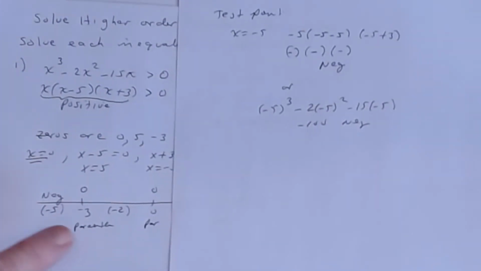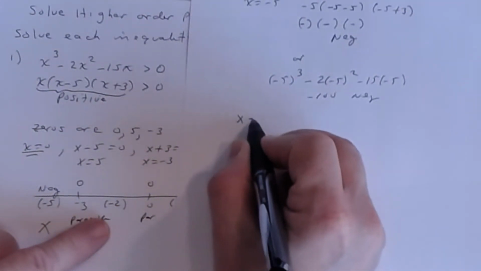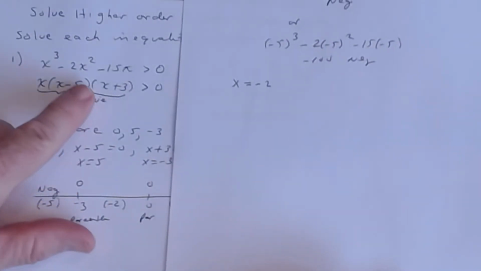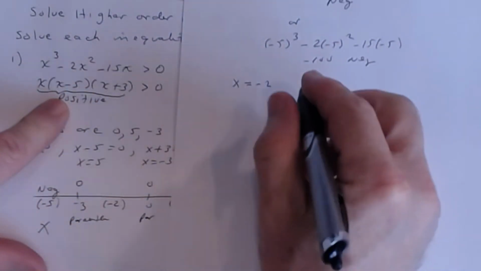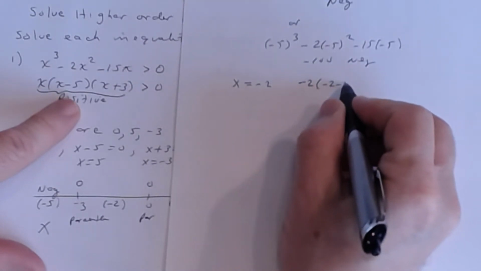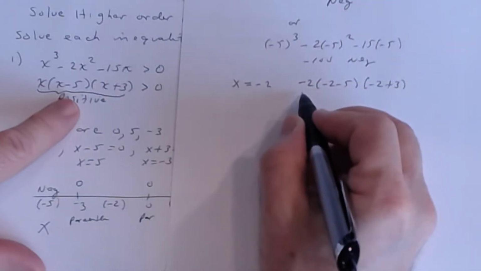Okay, so then let's go to the second test point. My second test point is x equal negative 2. So I'm going to go back, and in place of the factored part, I'm going to substitute negative 2 and see what that product is. So I get negative 2 times negative 2 minus 5 times negative 2 plus 3. So this is negative.